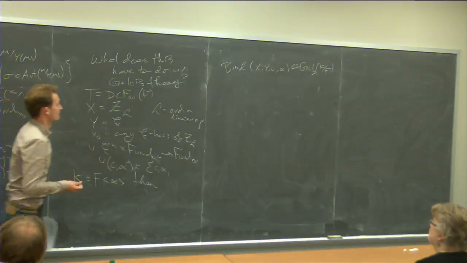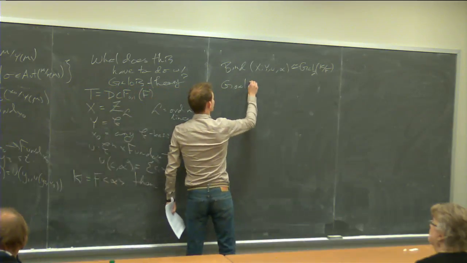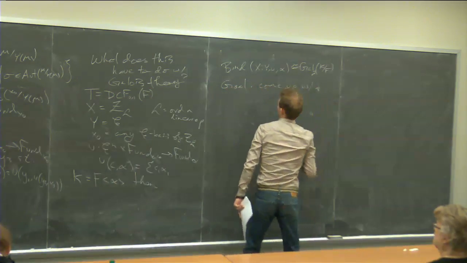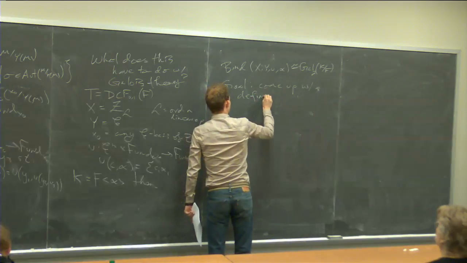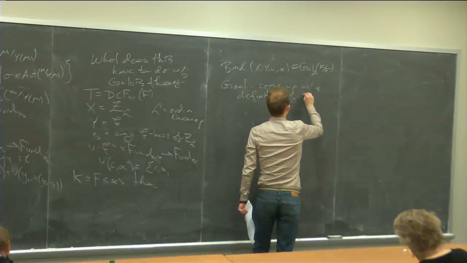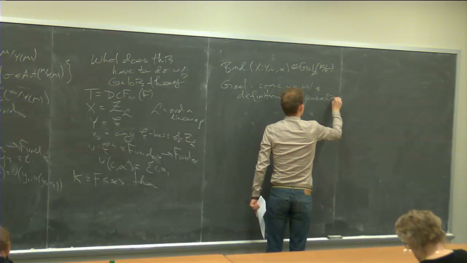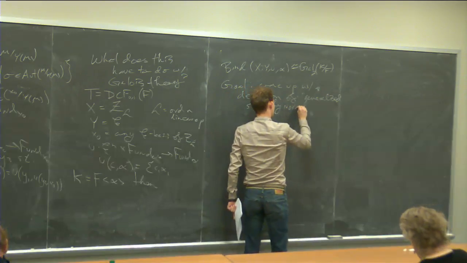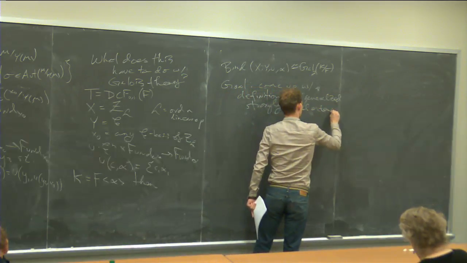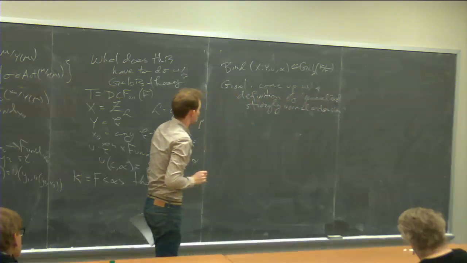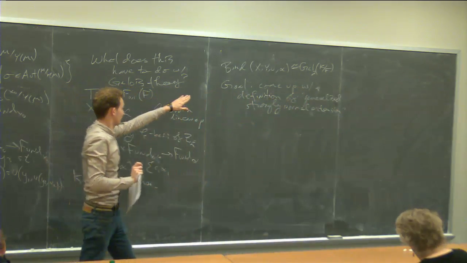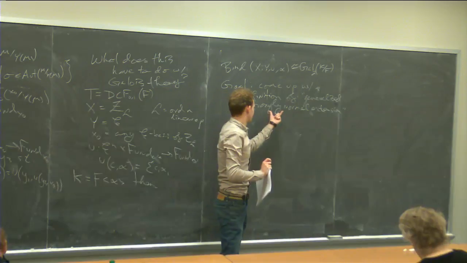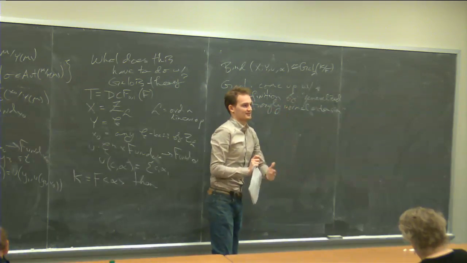So our goal is to come up with a definition of generalized strongly normal extension where the Galois groups are represented by binding groups, and such that every strongly normal extension is a generalized strongly normal extension.